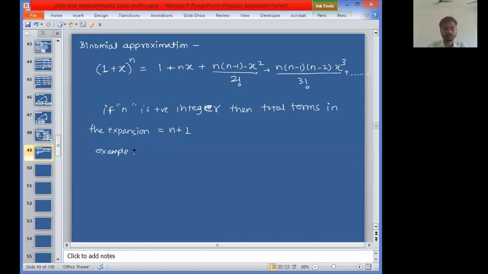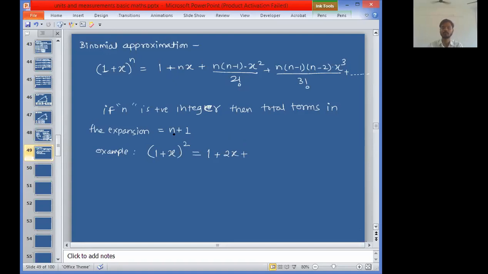Example, (1 plus x) whole square. Now the value of n is 2, so total terms will be 3. 1 square is 1, plus n x, 2 times x, 2x, plus how many terms do we have to write?